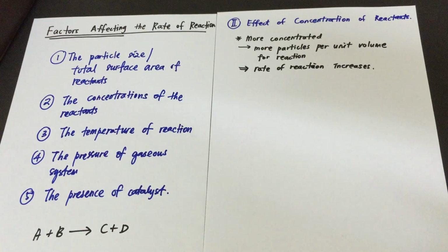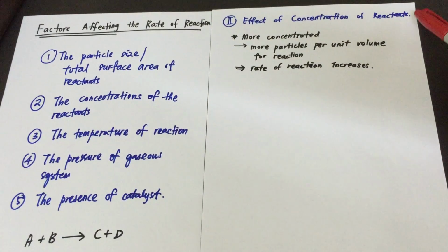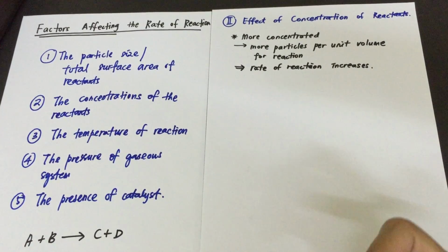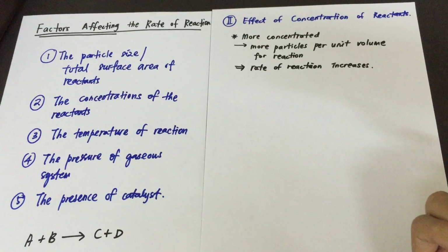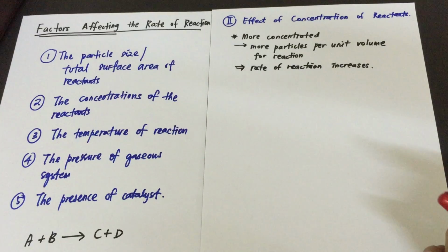So, how do we relate this factor, the effect of concentration of reactants, to the rate of reaction? We know that when we talk about concentration of reactants, the concentration must relate to the concentration of reactants in solution.